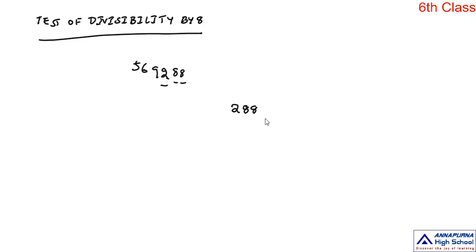Whether it is divisible by 8 or not, we check by actual division. The large number 5,69,288 is divisible by 8 or not? If it is divisible, the given number 5,69,288 is divisible by 8. Otherwise it is not divisible by 8.